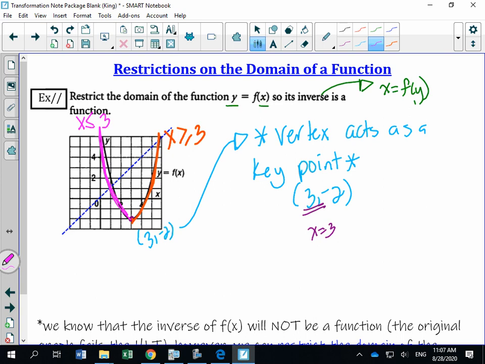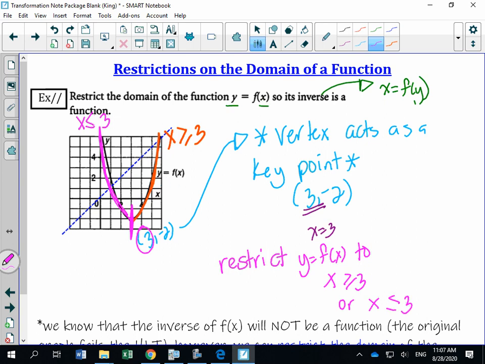When they talk about restricting the domain, what they want us to do is restrict the domain of the original graph based on that vertex and the x value. So restrict y is equal to f of x to x is greater than or equal to 3 or x is less than or equal to 3.